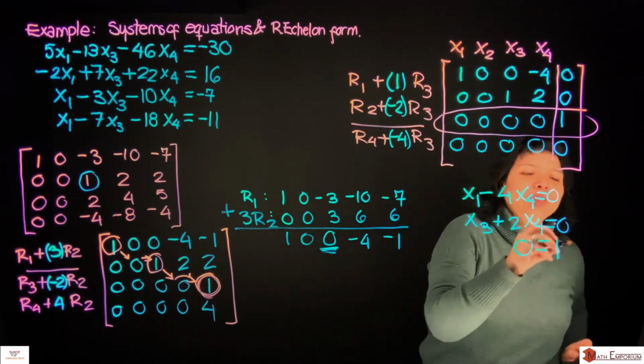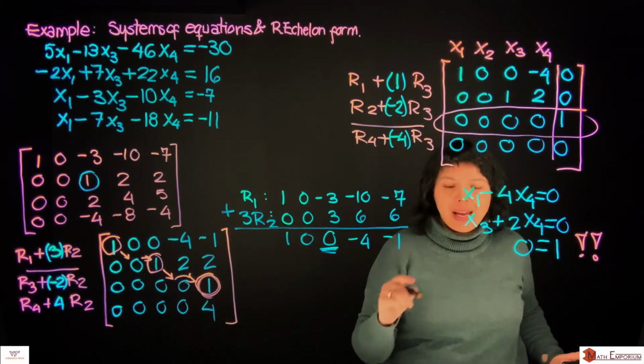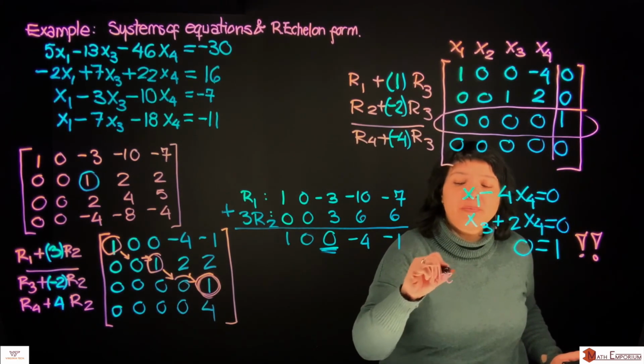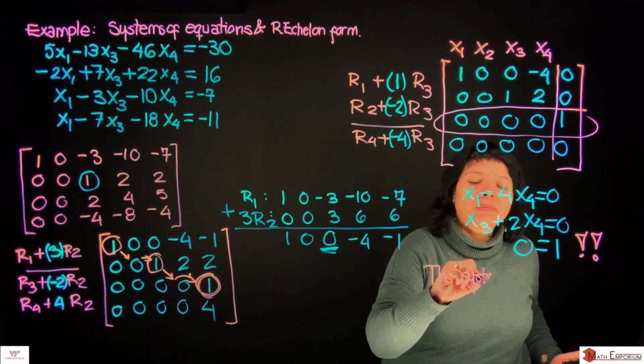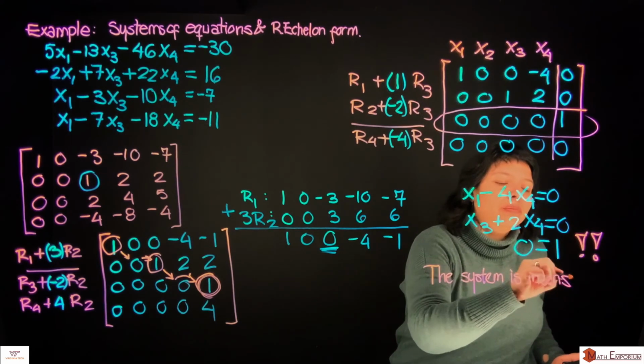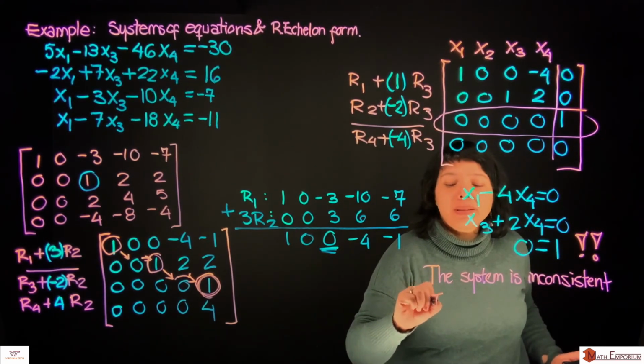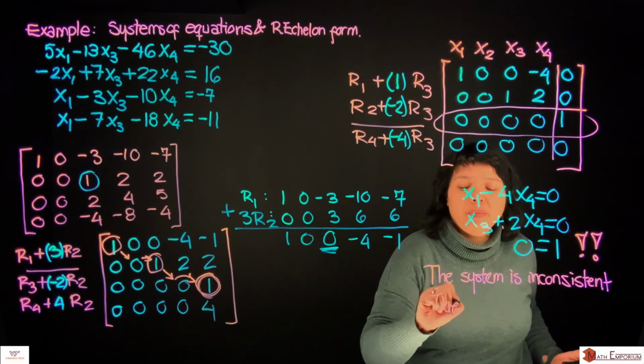So let me put like these signs. And that tells me that the system is inconsistent. And so there is no solution to this system.